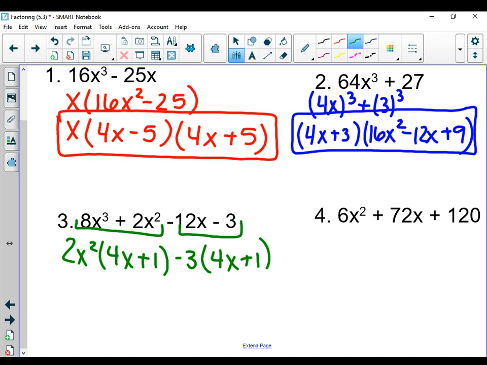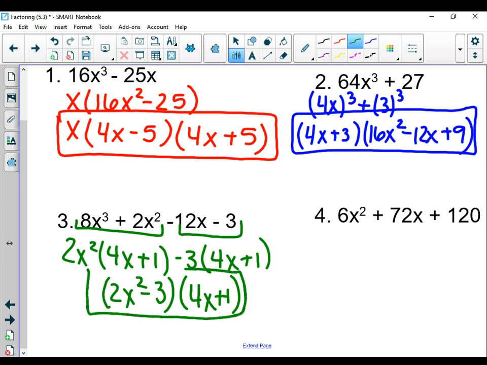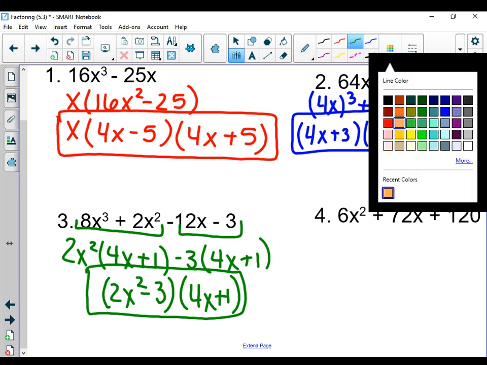So 2x squared minus 3, and then 4x plus 1. Awesome. Okay. And our last one.